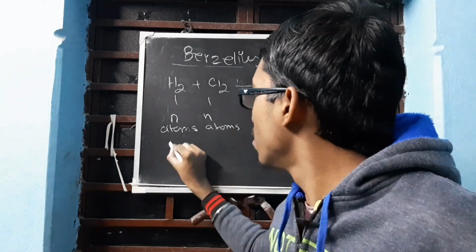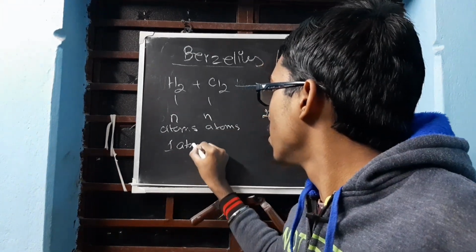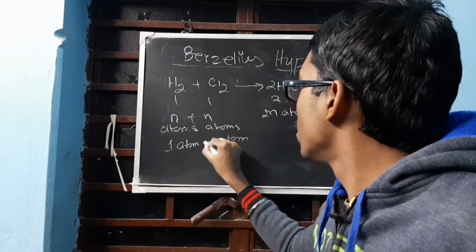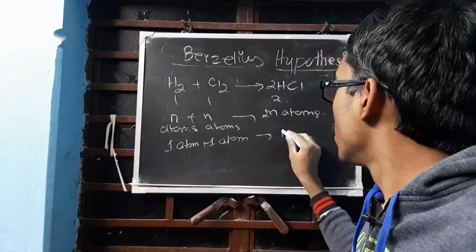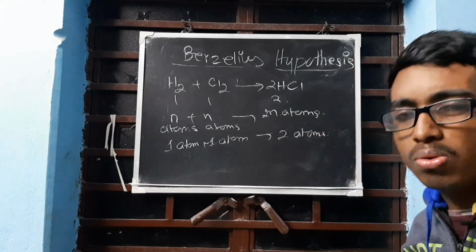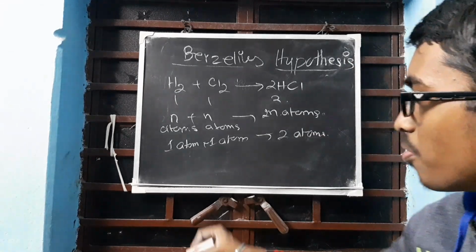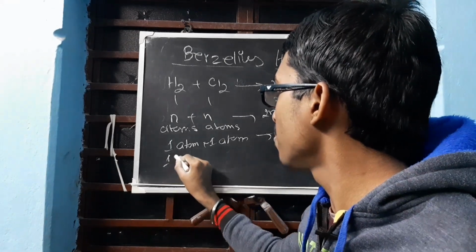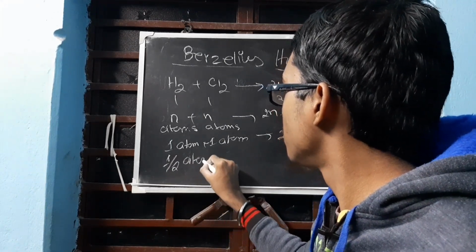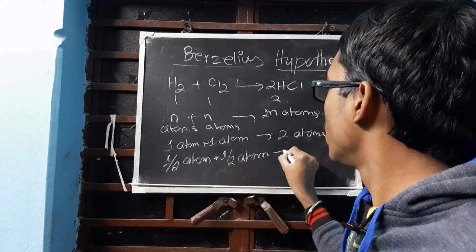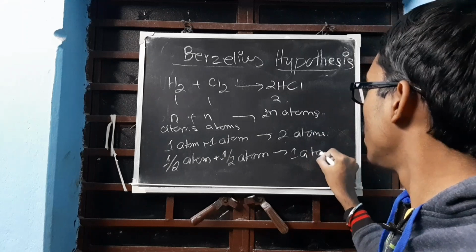Dividing by N, 1 atom, 1 atom, 2 atoms. They're actually compound atoms, but that is not our factor right now. I have to make this 1. So this will become half atom plus half atom equal to 1 atom. Is it a compound atom?